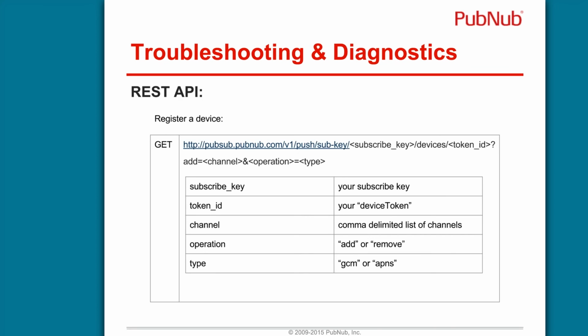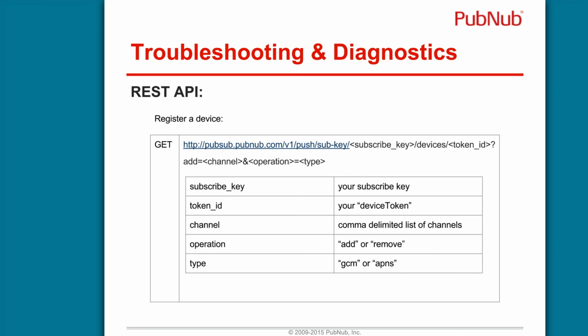The reason why these two are important is I would say 8 out of 10 times if a push notification is not showing up, one of the primary causes is the device not being registered with PubNub. If you have the mobile push gateway configured and you've established the interaction via the API key and your certificate to tell the mobile push gateway how to interact with the service provider, then the next thing that you have to do is register a device.